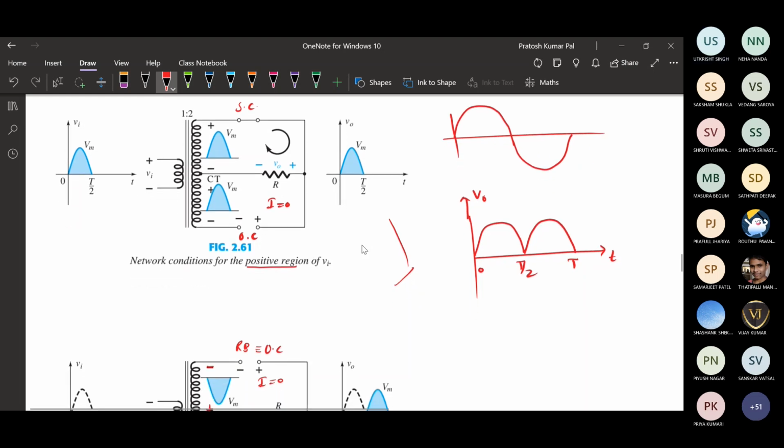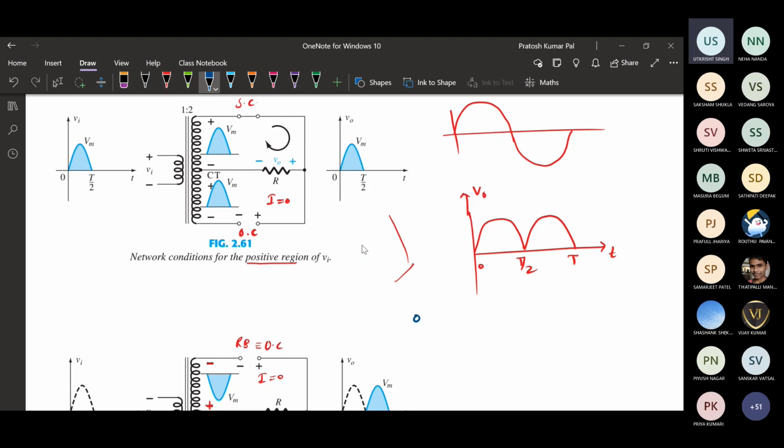By comparing these, we can see what the output frequency is. Here the time period has reduced. Initially it was t, and now for the t by 2 time period, one period is being completed. So the output frequency will be 2 times the input frequency.